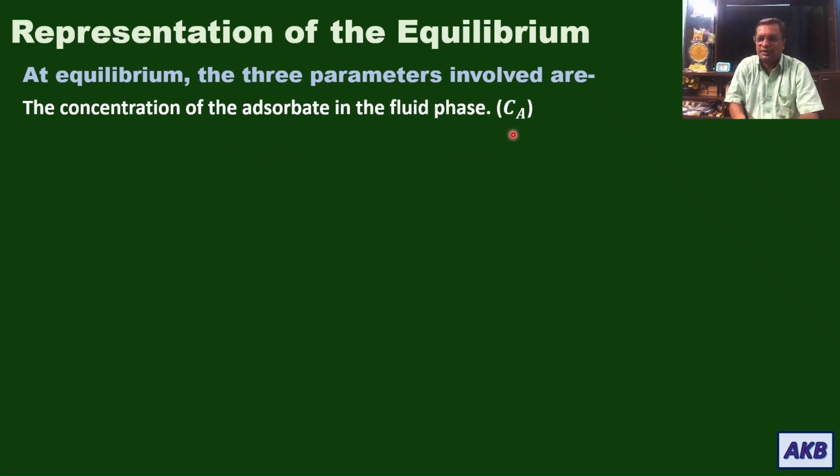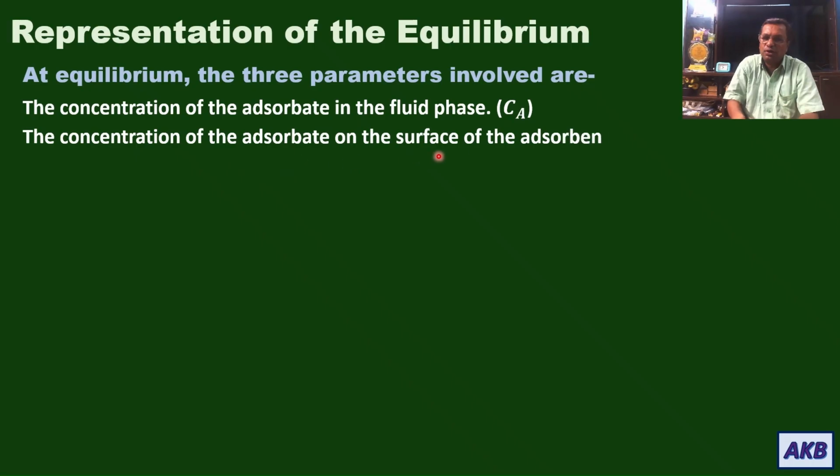We will denote it as Ca. And then the second parameter is the concentration of adsorbate on the surface of the adsorbent. We will call it Cs. Then the temperature T. So these 3 parameters are involved when the solid adsorbent phase comes to equilibrium with the fluid phase.